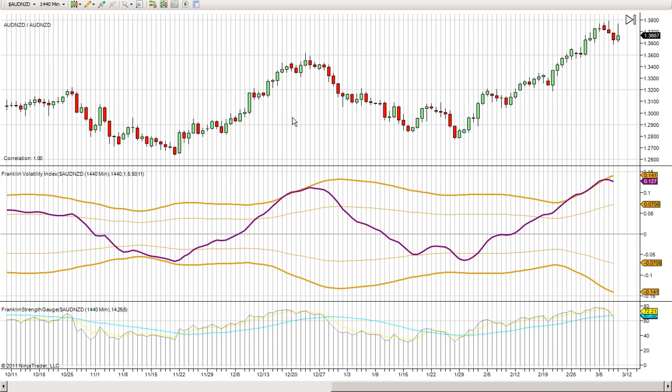differences between currencies. What we have plotted is one of my favorite carry trade currency pairs right now, and that is the Aussie, New Zealand dollar pair.